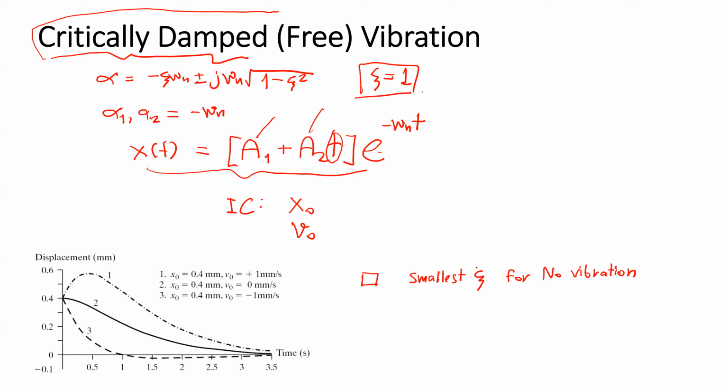Smallest possible damping ratio for no vibration is the definition of the critically damped.